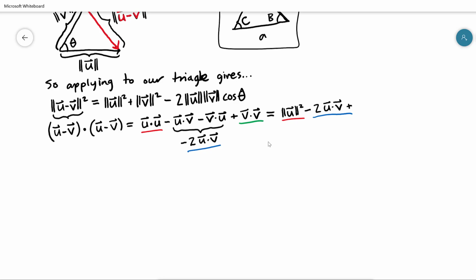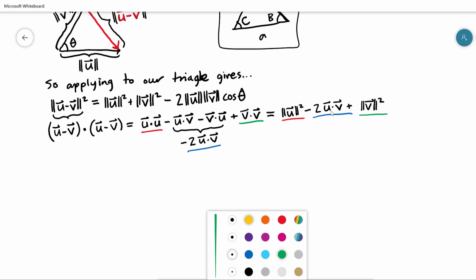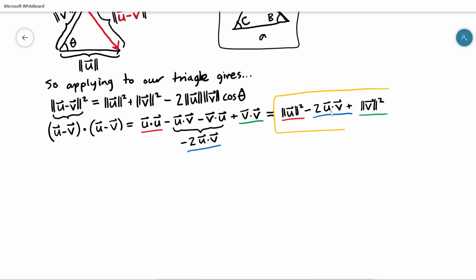This piece is going to become this last piece, which I'm about to write, which is plus the magnitude of v squared. So we got this by foiling it out. This is this whole piece over here. Let's do one more color. In yellow, that whole piece is our replacement for that whole piece.